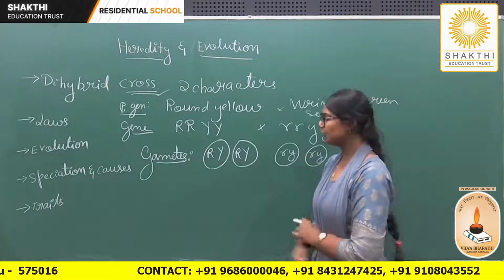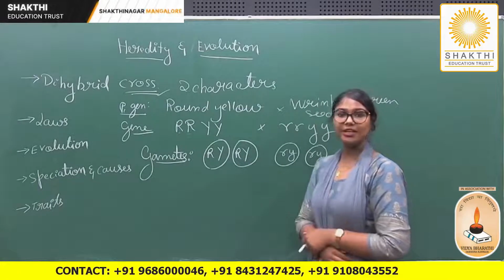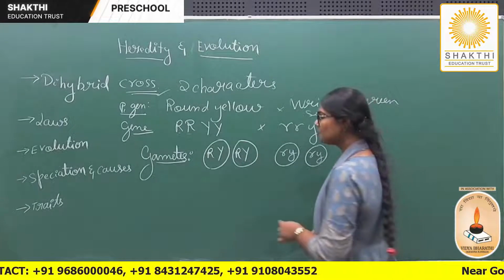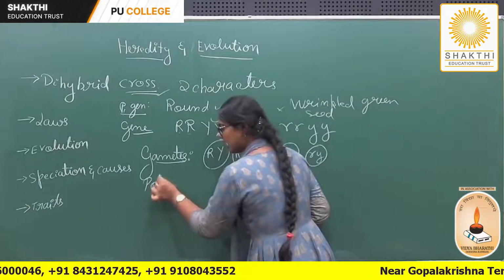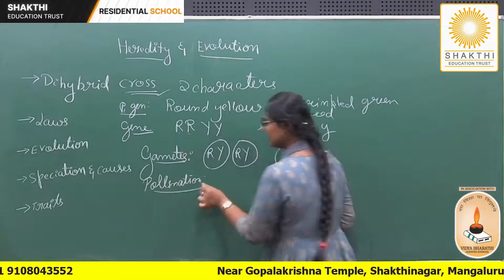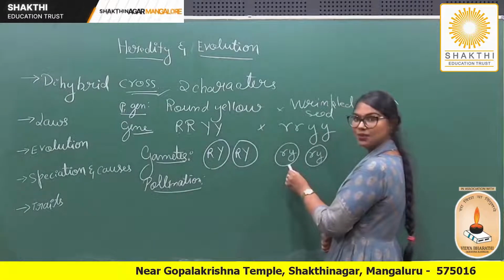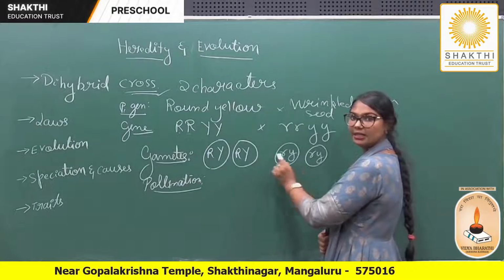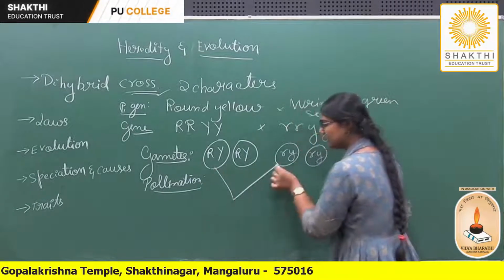Next, what did we do? Pollination. Mendel pollinates the flowers, correct? During pollination, we know that either this gamete can meet this one, this or this, and the same thing. So we have four options, students.